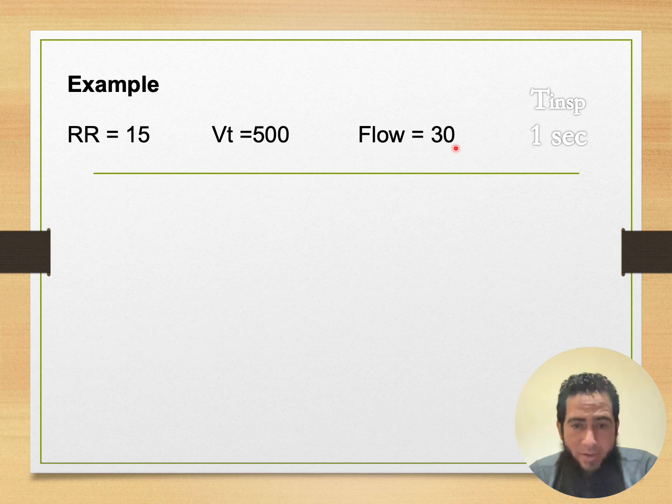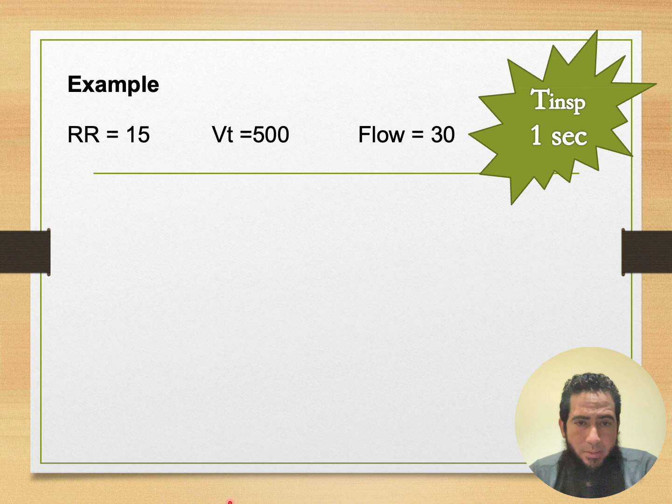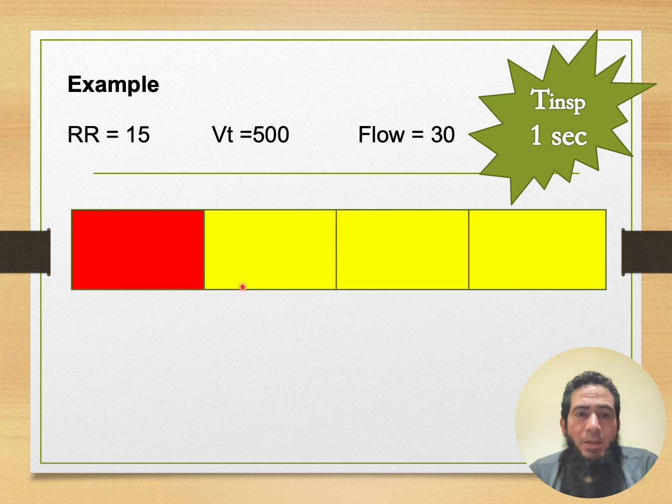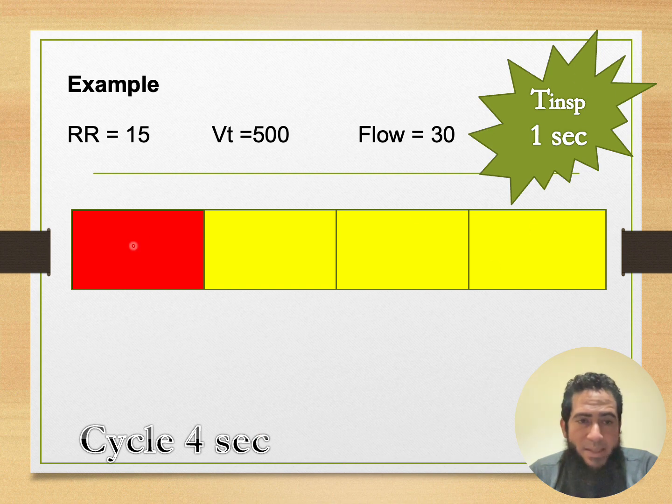So it will be half a liter per second, and our tidal volume is half a liter, so the inspiratory time would be 1 second. And as we mentioned before, the cycle is 4 seconds and the inspiratory time is 1 second. So what's left for expiration is 3 seconds.